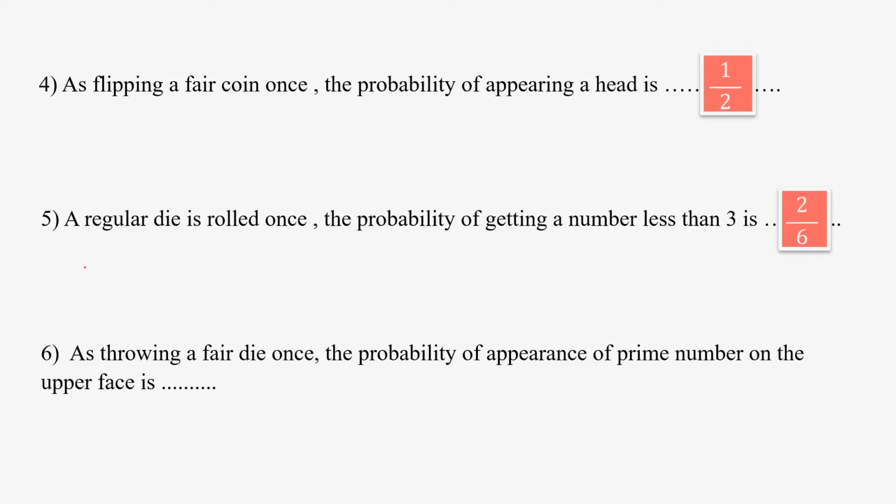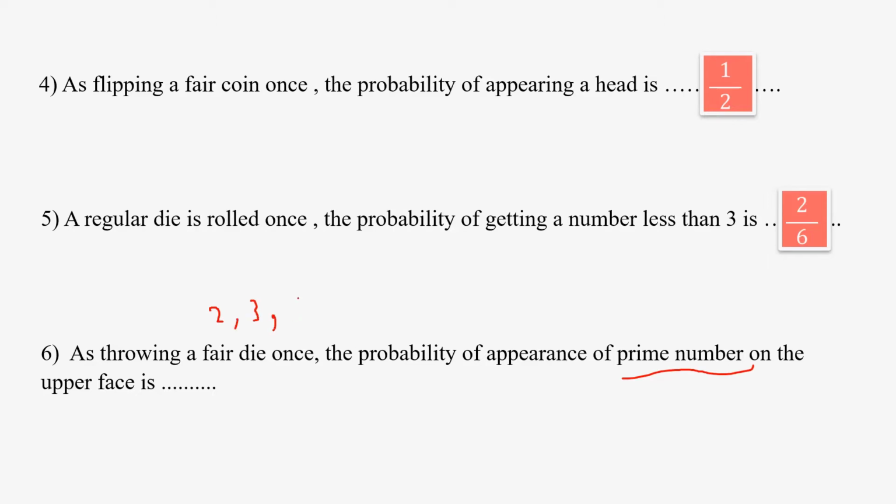Question number 6. When throwing a fair die once, the probability of appearance of a prime number on the upper face is, let's see. Prime numbers are 2, 3, and 5.